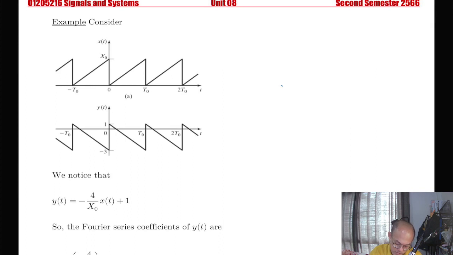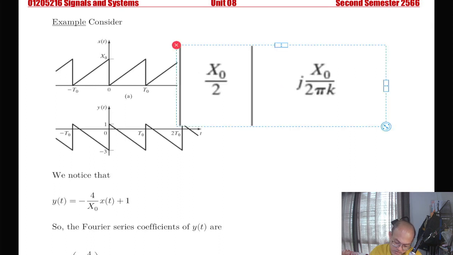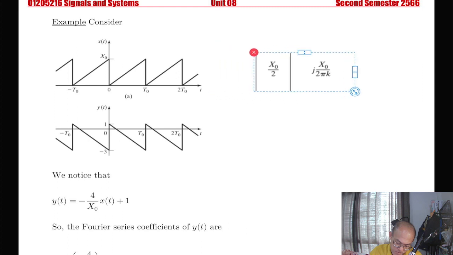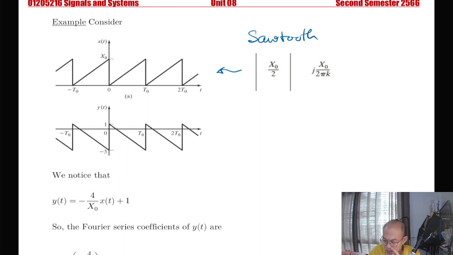Okay. This is the Fourier series coefficient of the sawtooth. This is ck when k is not equal to 0, and this is c0.